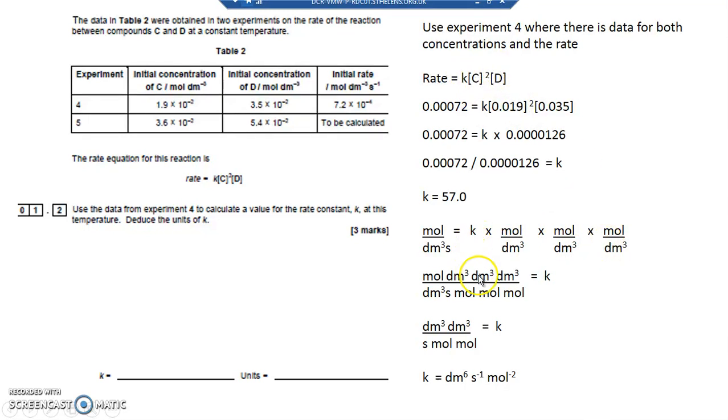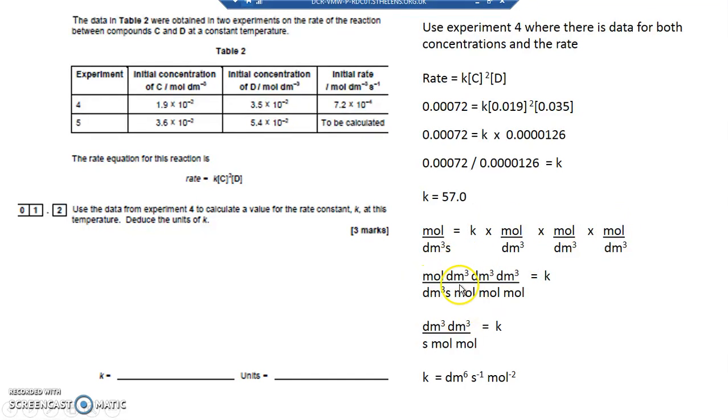So what you can do is, the 3 decimeter cubes on the bottom on this side become 3 decimeter cubed on the top. If you take them across the equal sign, they come to the top. So I've got mole, and I've got 3 decimeter cubed on the top on the other side, and I've got mole on this side on the top. If they go across the equal sign, they go to the bottom.